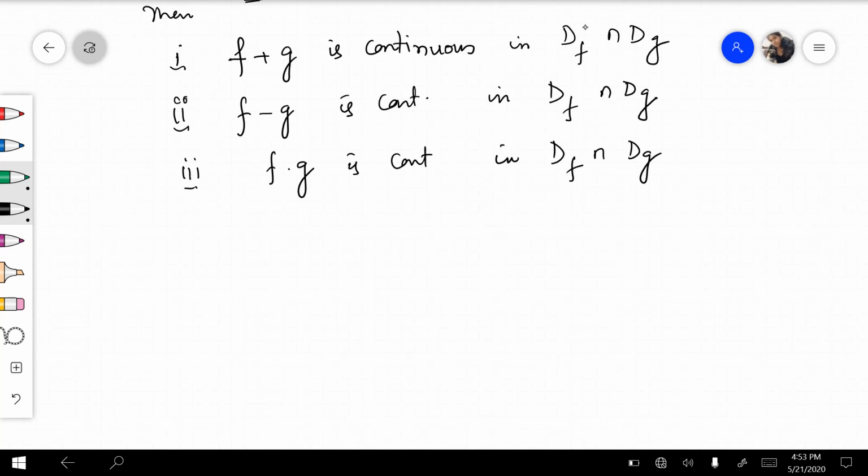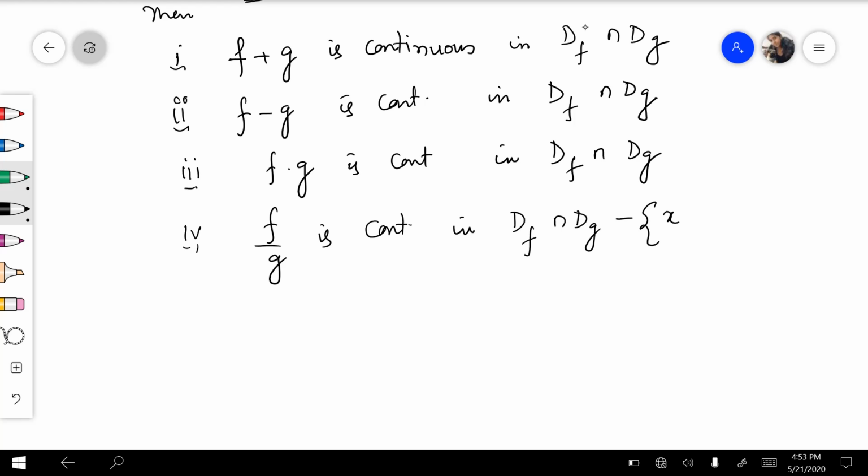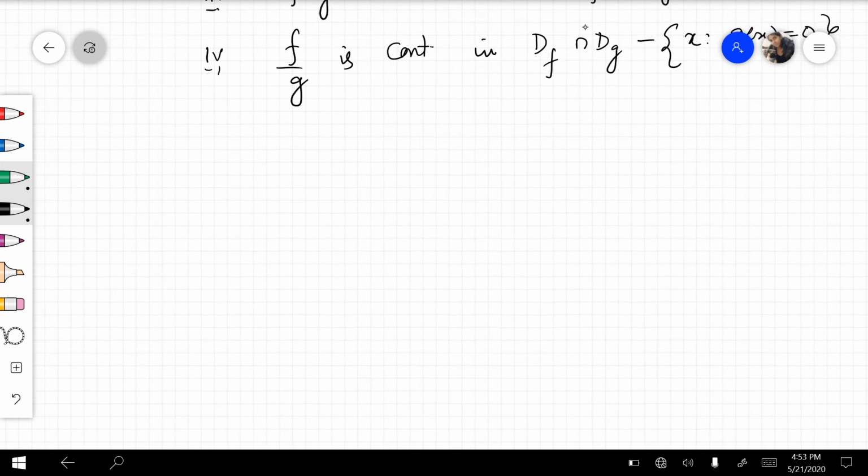Then fourth one, f upon g is continuous in domain of f intersection domain of g minus all those x for which g(x) is equal to 0. That means since it is a rational function, we cannot allow denominator as 0. So after that, we are starting with the type 3, that is the composite functions.